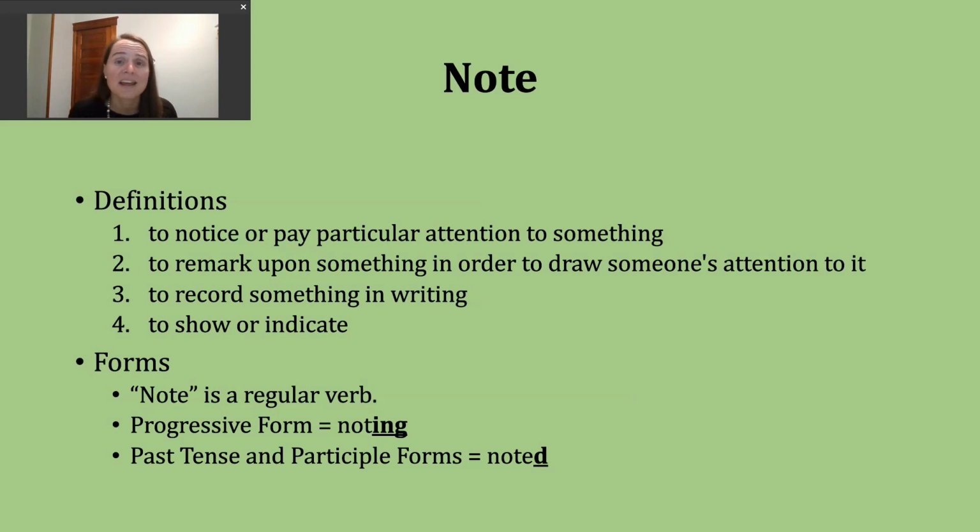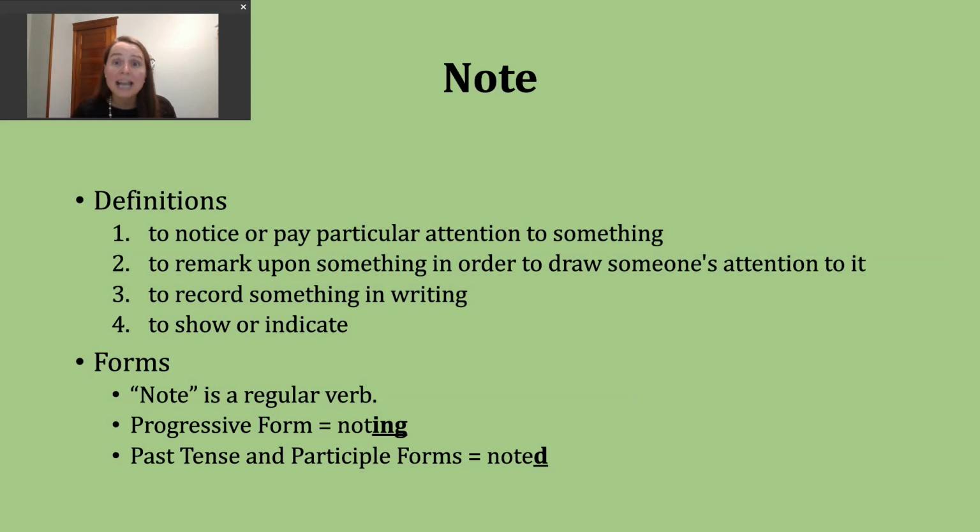A second way the verb note gets used is to mean to remark upon something in order to draw someone's attention to it. Now, the second definition, as I thought about it, my mind immediately went to literature, to stories. As a person writes a story, many times they include dialogue, right?